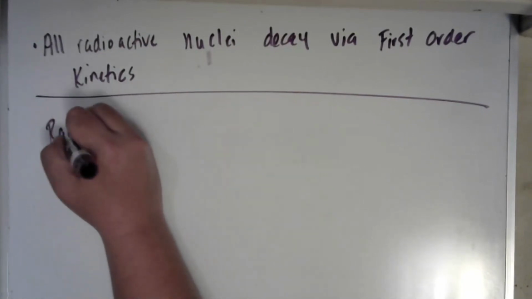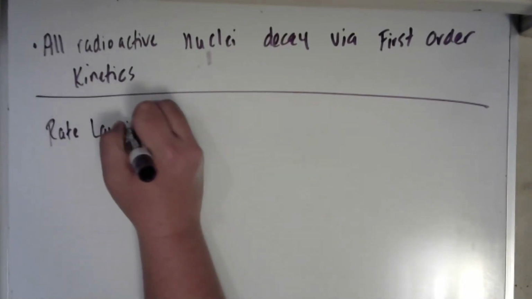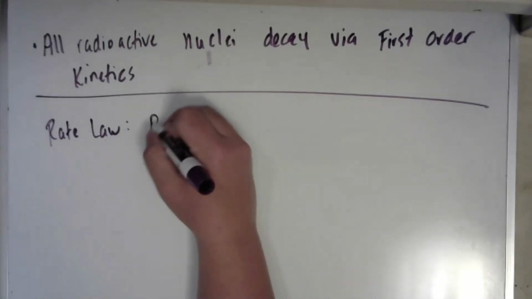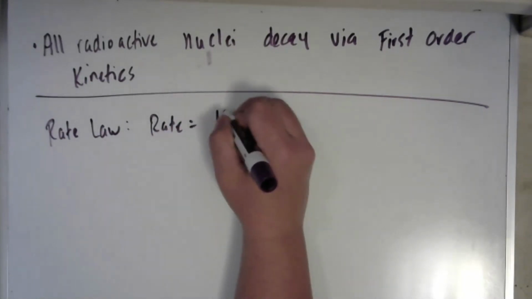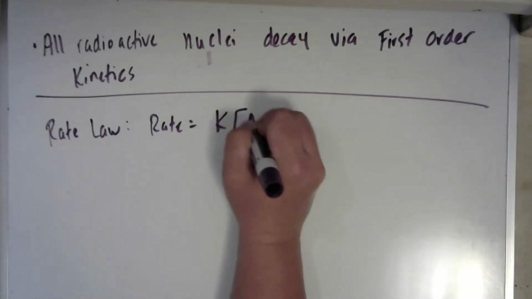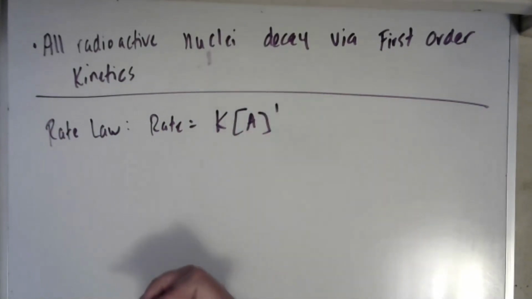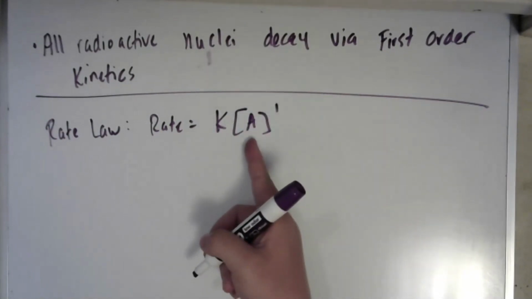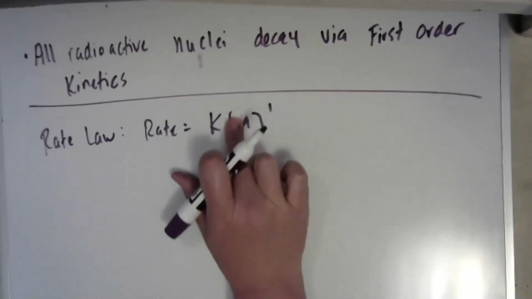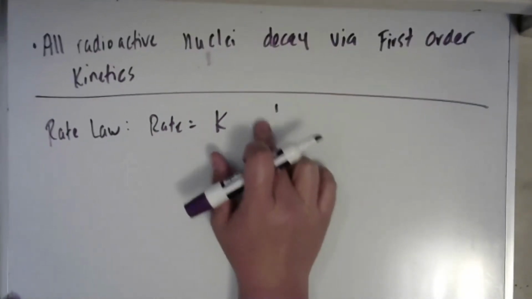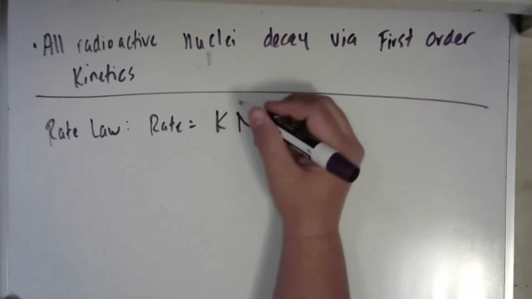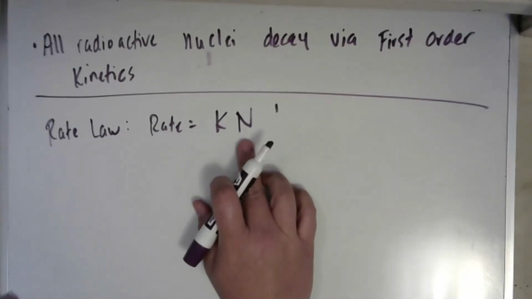So remember that your rate law for your first order reactions is rate equals k times the thing that you're looking at raised to the 1. In this chapter, instead of writing the concentration of A, they substitute in this value of N, which is going to be your radioactive nuclei.